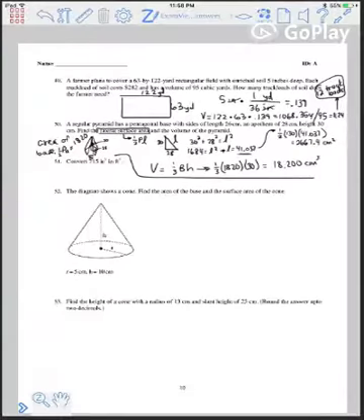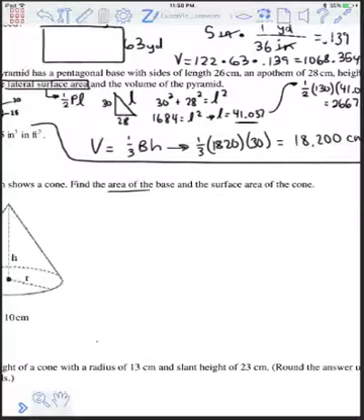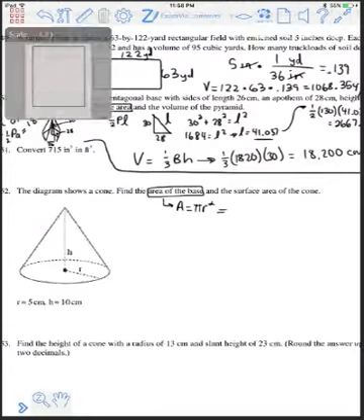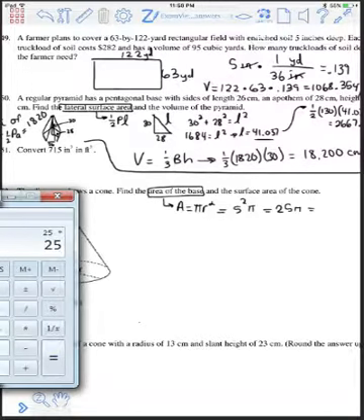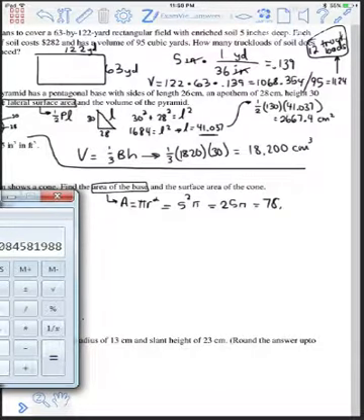Okay. Area of the base. The base is just a circle, so it's pi r squared. The radius is 5, so it's 5 squared pi. So 78.54 centimeters squared.